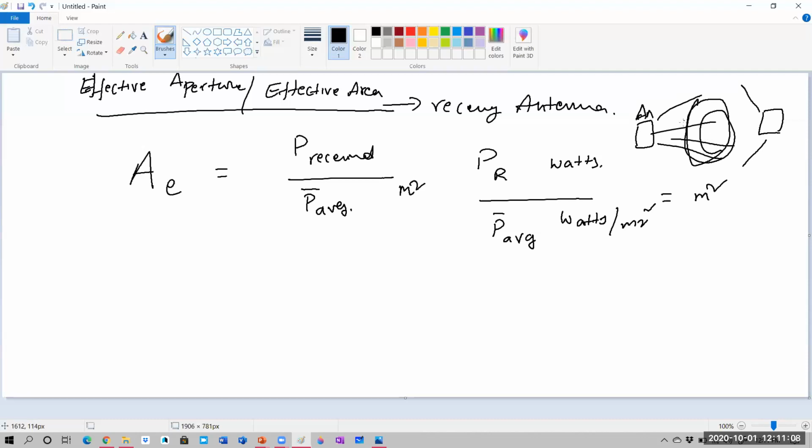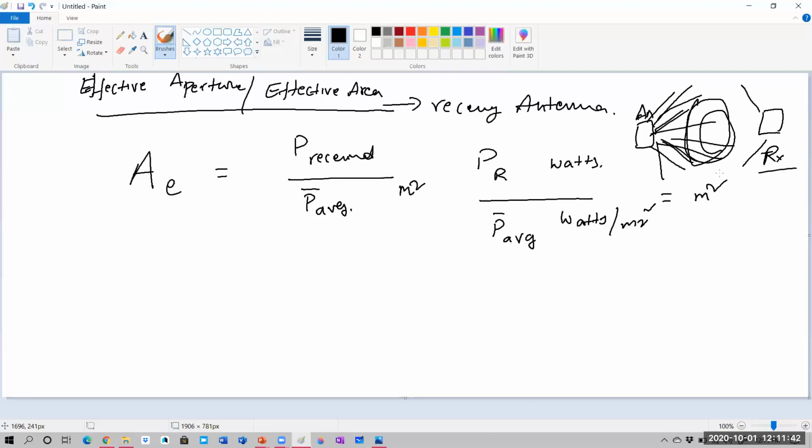Out of these electromagnetic waves, all the waves are not extracted by this receiving antenna. This antenna is delivering the total electromagnetic waves, and the receiving antenna may extract only some of them. That is the available electromagnetic waves.